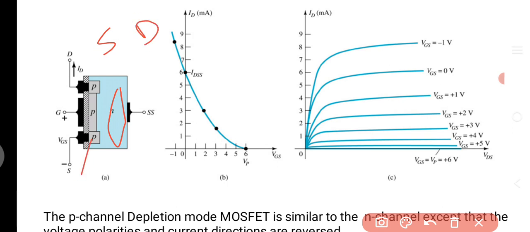In between source and drain we create a permanent channel, and the channel will be a P channel.